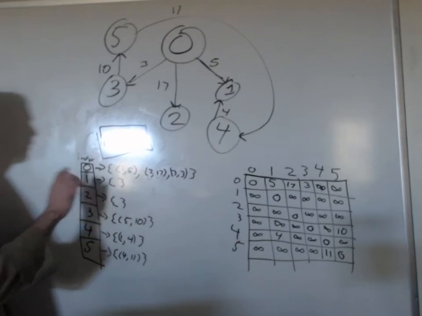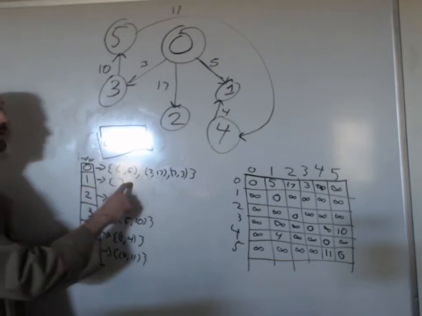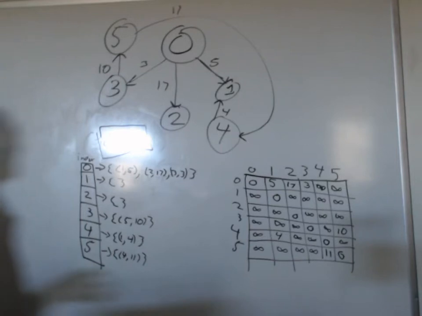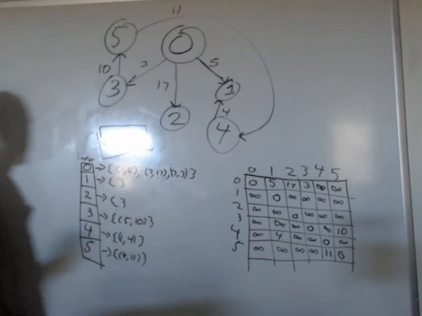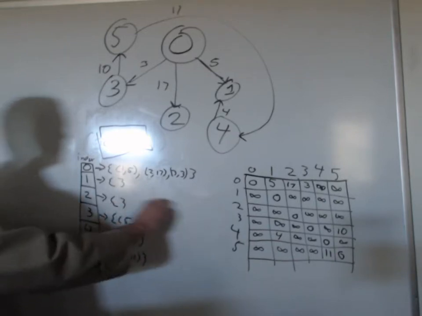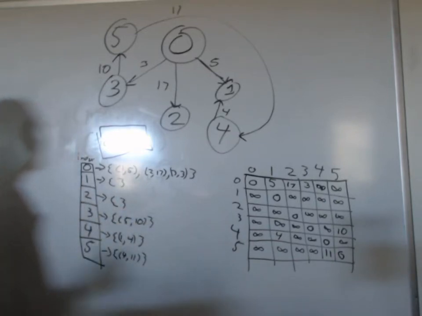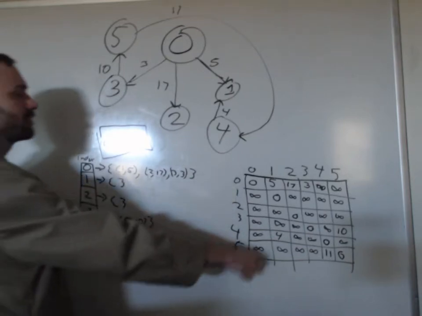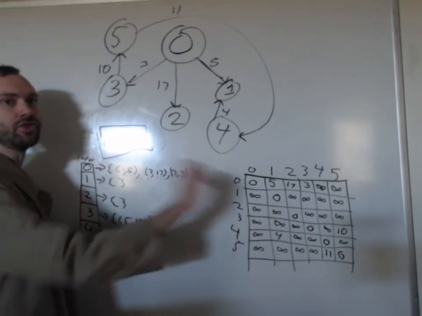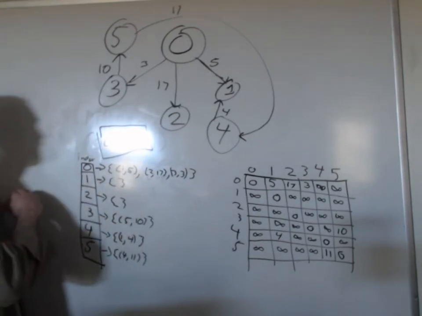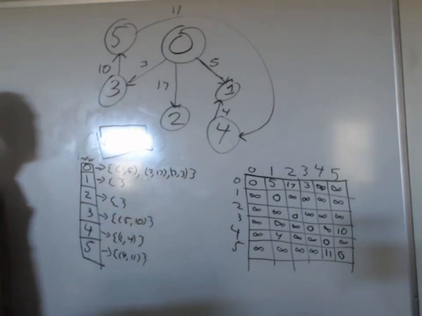You first have to find out, is it already in there? In general, you can assume it's not, so you can just add to the end of the list, and maybe that's okay. So inserting in general is faster, but what's the opposite of inserting? Pulling it out. So if you want to find out the weight between 2 nodes, in the matrix, you just jump to the cell, and now you have the answer. Over here, you have to jump to the list and then go through the entire list.